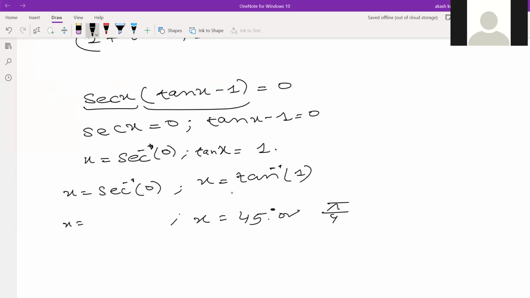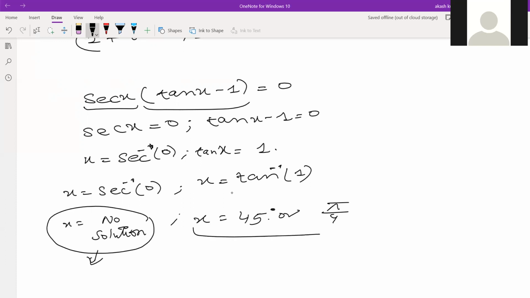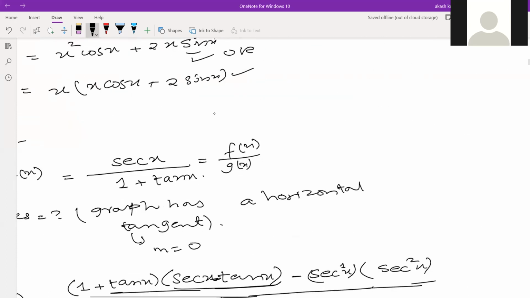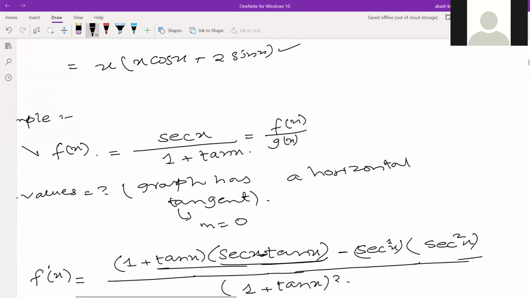And there isn't any solution for sec inverse x equals 0. I will discuss with you tomorrow why we can't solve for sec inverse of 0, but today we are going to discuss this. There is a solution that x is equal to 45 degrees or pi by 4. At this point, our tangent line will be horizontal to the curve f of x.